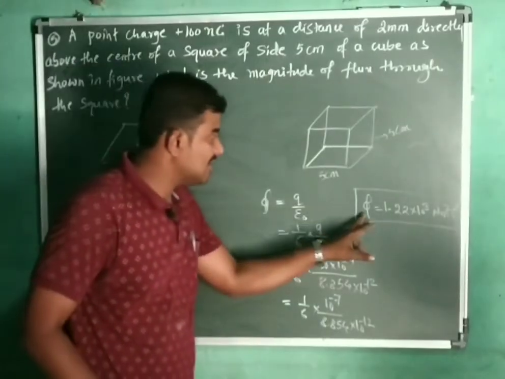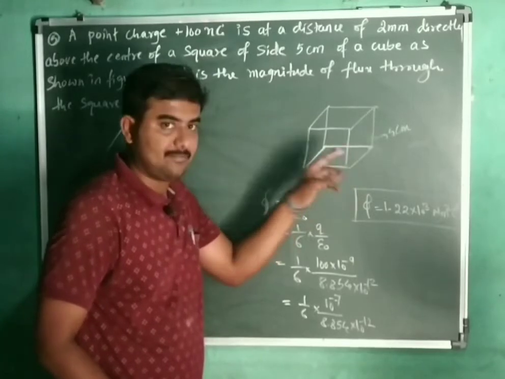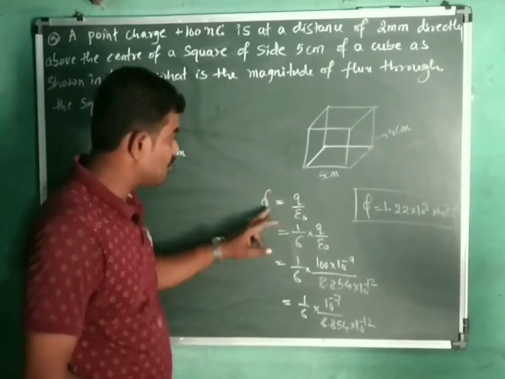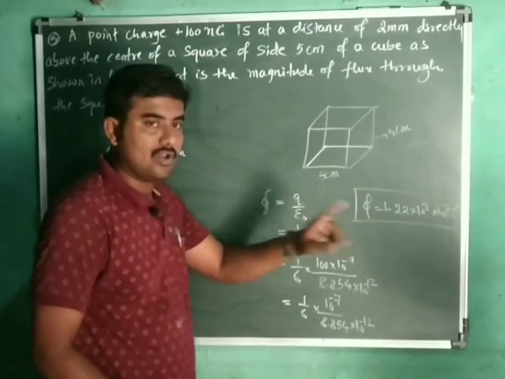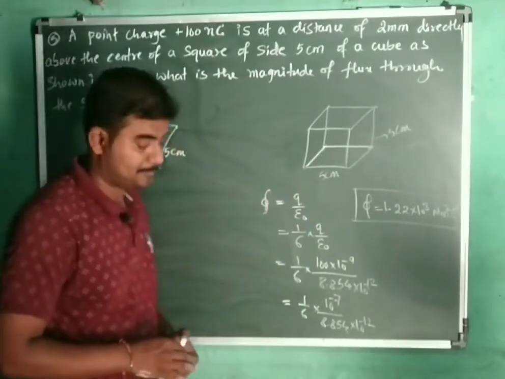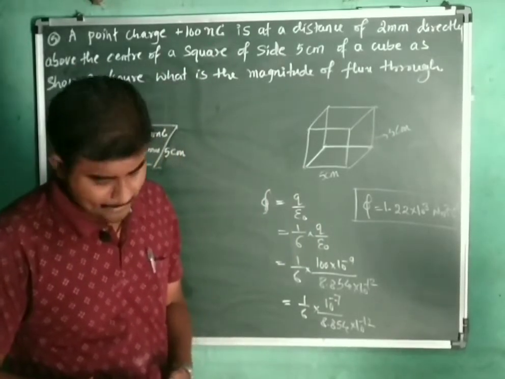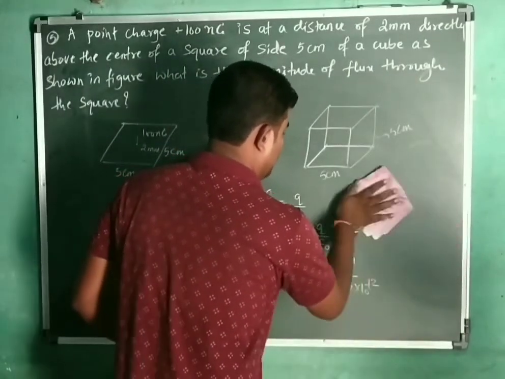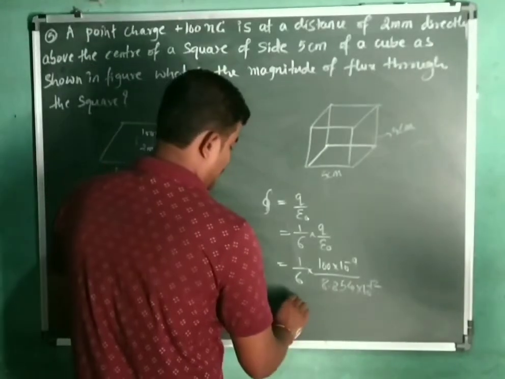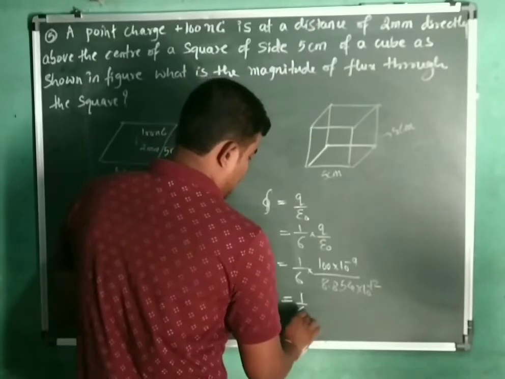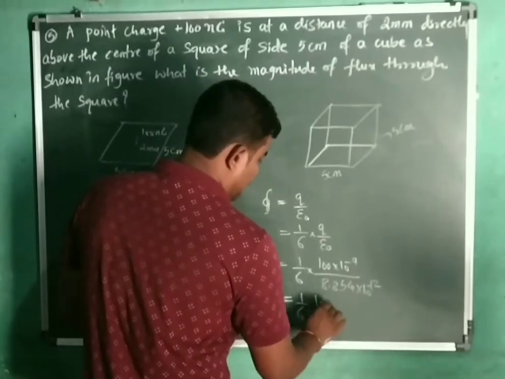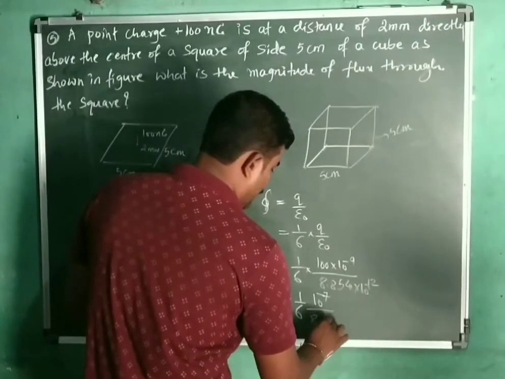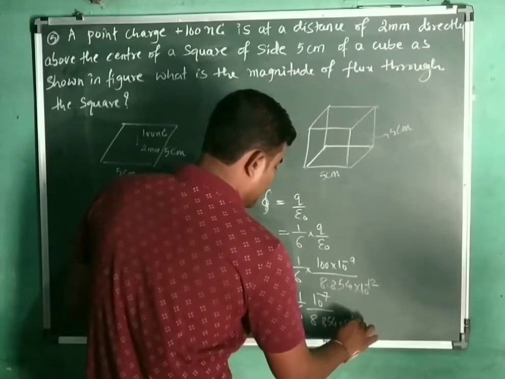So this is flux linked with only one surface, one face. For all 6 faces, the formula is phi is equal to Q divided by epsilon naught. This is for the entire cube, and this is for only one surface. So it is 1 by 6, 100 into 10 to the power minus 9, it is 10 to the power minus 7 divided by 8.854 into 10 to the power minus 12.